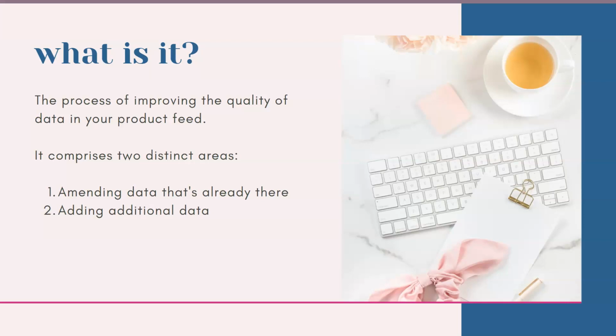You're either going to be amending, editing and optimizing the data that you already have in your feed, or you are adding additional information into the feed that is going to make that feed better for your Google Shopping campaigns.